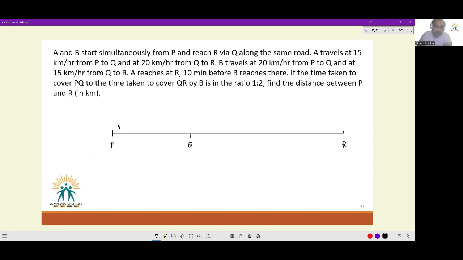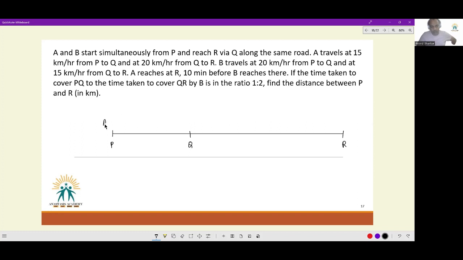A travels at 15 km/h from P to Q and 20 km/h from Q to R. B travels at 20 km/h from P to Q and at 15 km/h from Q to R. A reaches R 10 minutes before B reaches there.